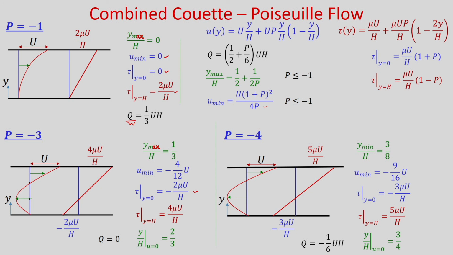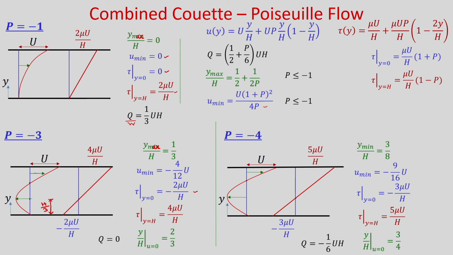So, you can see the shear stress is varying linearly from minus twice mu U by h to 4 mu U by h, and at this location, which is y max by h equal to 1 by 3, that means h by 3, you will get the minimum velocity.